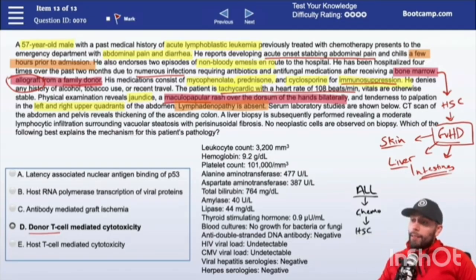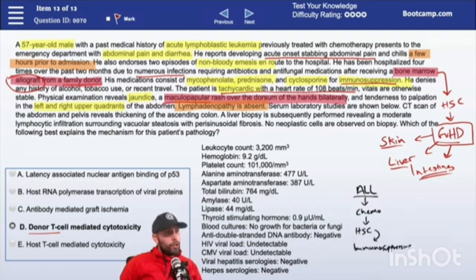Now, they have to be placed on some immunosuppressive therapy so we don't get rejection. So the thing that happens here because of this that you have to kind of understand is the complications, right? So it could be that this patient potentially develops an infection, right?